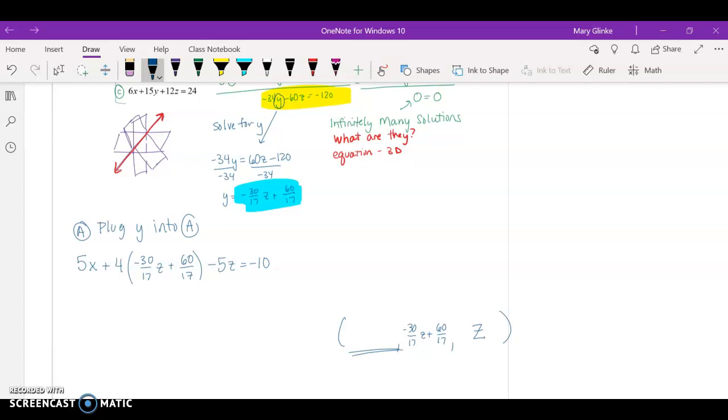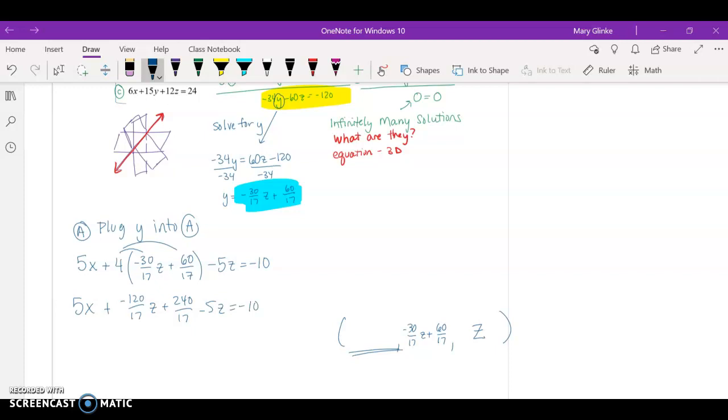All of these would be in terms of z, and that would be my equation of my line in 3 dimensions. So I'm going to go ahead and distribute. I get 5x plus negative 120 over 17z plus 240 over 17 minus 5z equals negative 10.